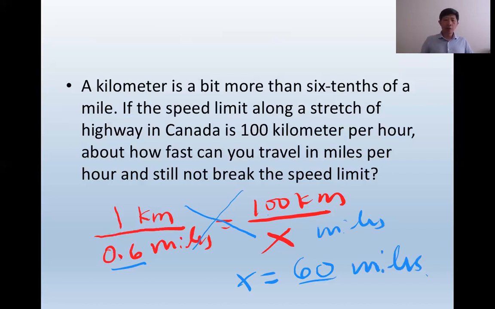So this is how we find out the answer for this problem, okay? We use cross multiply because this is a proportion. So therefore we can cross multiply, right? Two ratios, they are equal, so therefore we can cross multiply, okay?